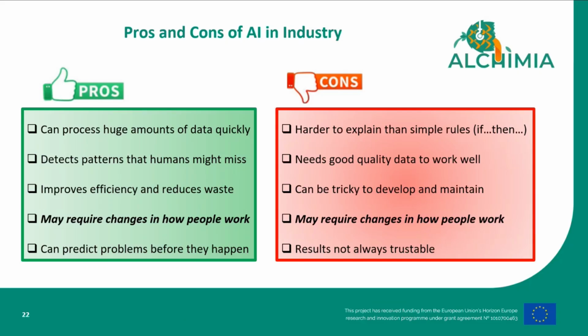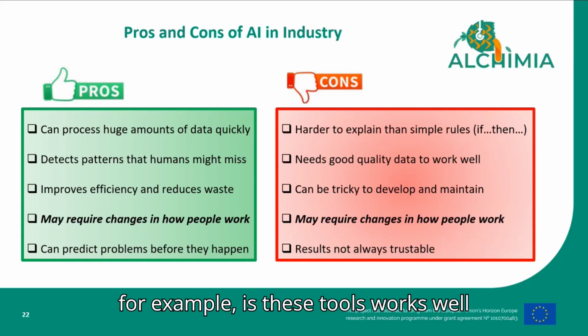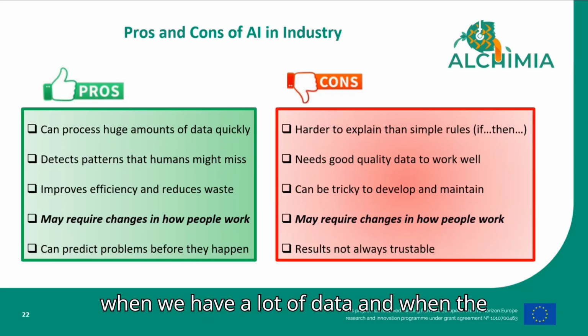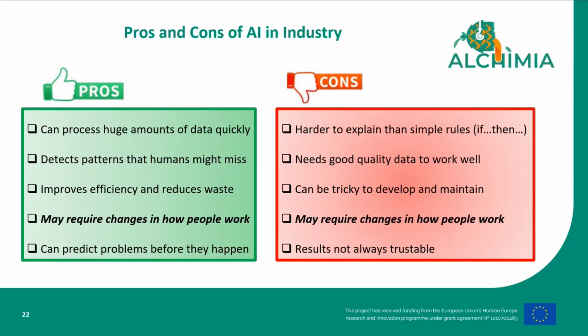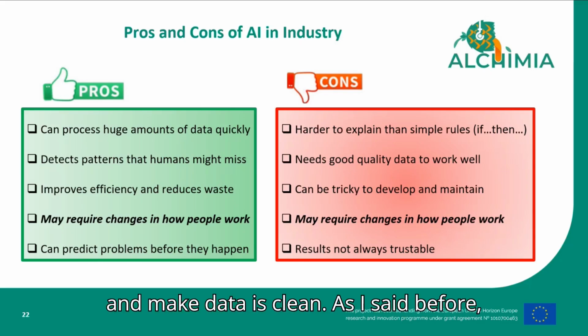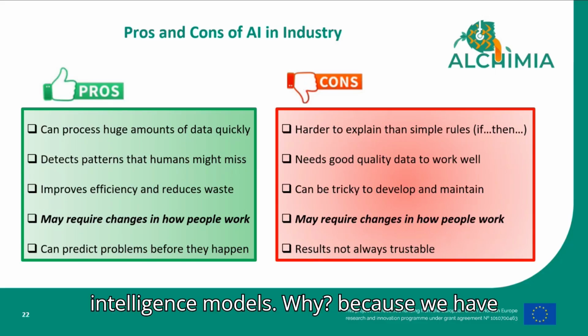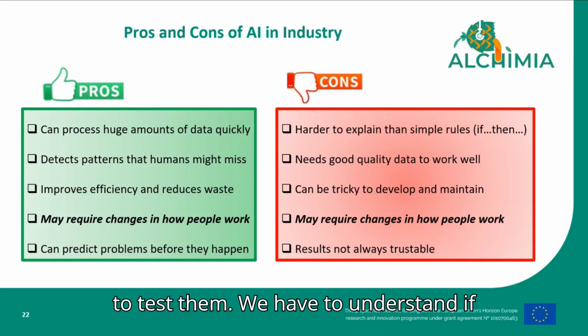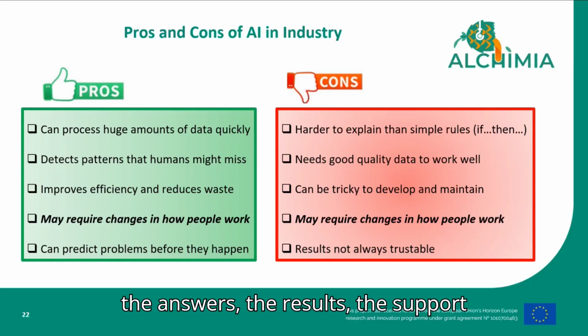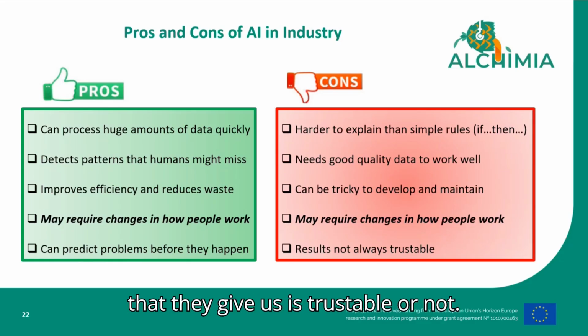And another problem is that these tools work well when we have a lot of data and when the quality of data is sufficiently good and the data is clean. As I said before, let's not blindly trust artificial intelligence models. Why? Because we have to test them.